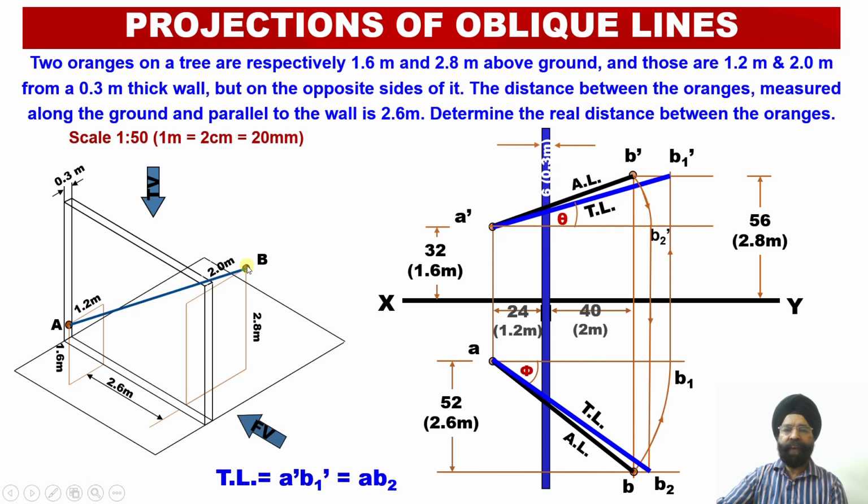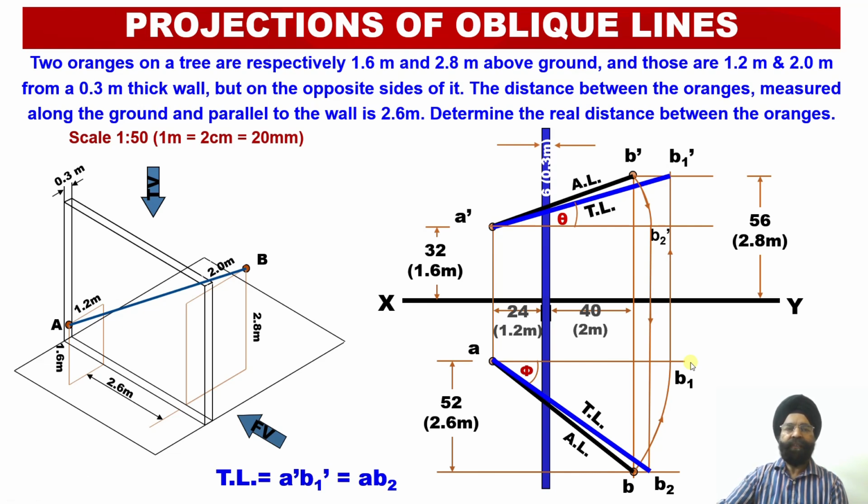Once we have validated that the true length A dash B1 dash, that is the true length in elevation, is equal to AB2, the true length of this string in the plan, it means that the construction is accurate over here.